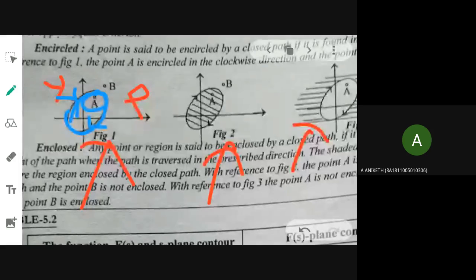In what direction, clockwise or anti-clockwise? Clockwise. What about point B? Is it encircled by the same path or not, because it is outside the path or inside the path?